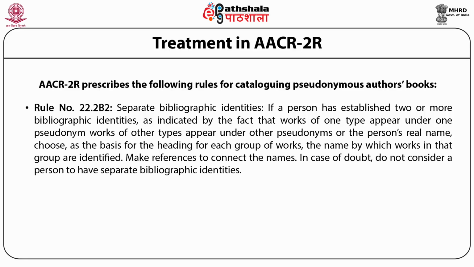Rule number 22.2b2. Separate bibliographic identities. If a person has established two or more bibliographic identities as indicated by the fact that works of one type appear under one pseudonym, works of other types appear under other pseudonyms, or the person's real name, choose as the basis for the heading for each group of works the name by which works in the group are identified.